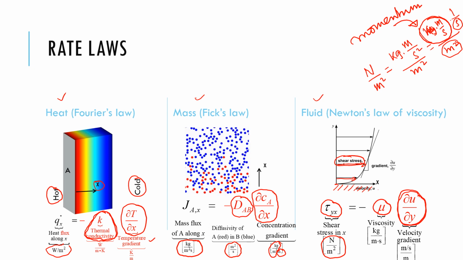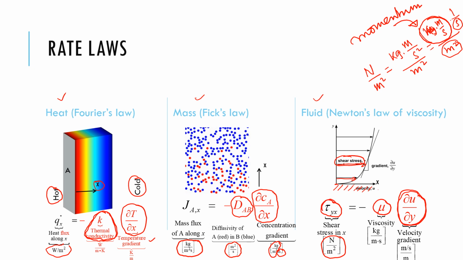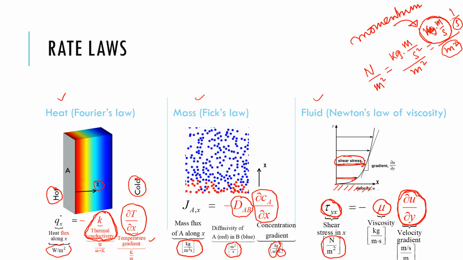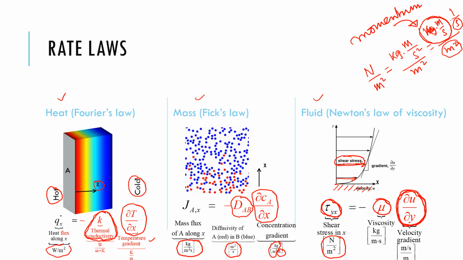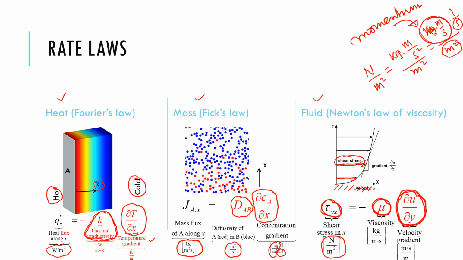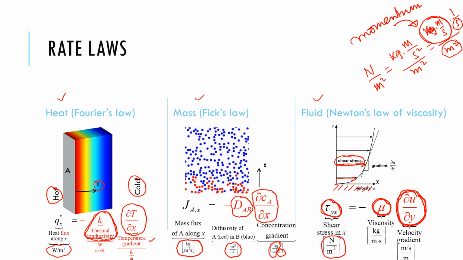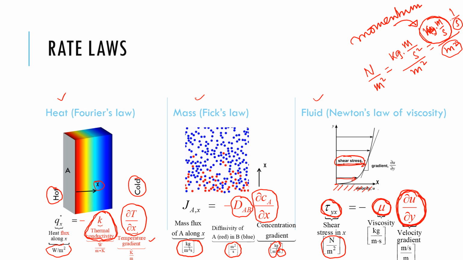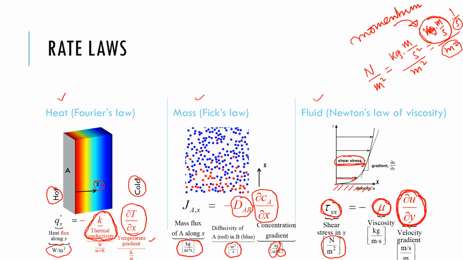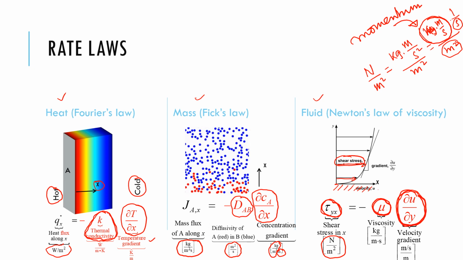So in all three cases, the law is that the flux is proportional to some sort of a gradient, and the proportionality constant comes from that particular fluid or the particular situation, the temperatures and the material properties and so on.